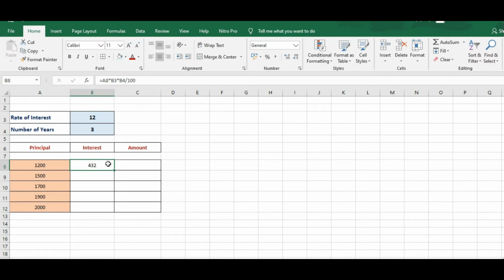So this is our interest. Now if we copy this formula and paste it to its next cell, due to relative referencing, you can see in the formula bar that the cell reference is getting changed. We don't want to change the cell references of B2 and B3, but it's changing from B2 and B3 to B3 and B4, and then B4 and B5.